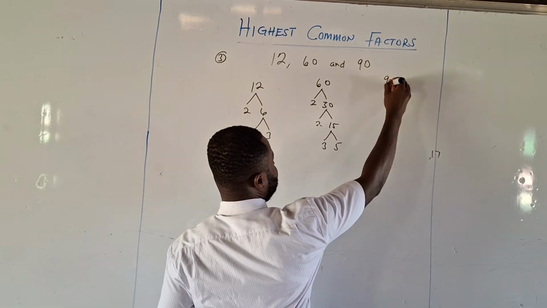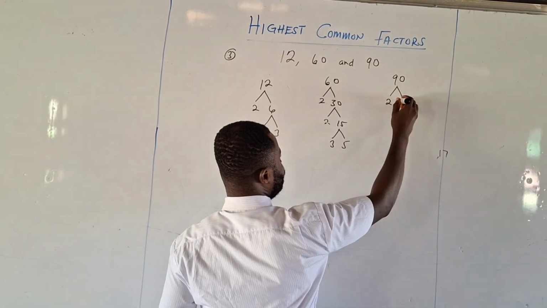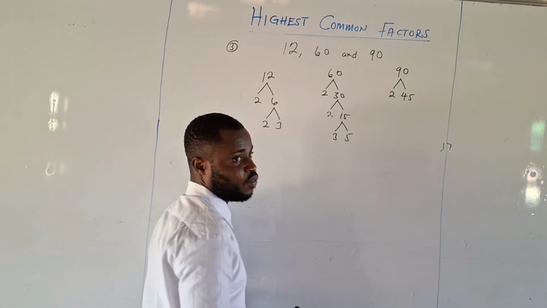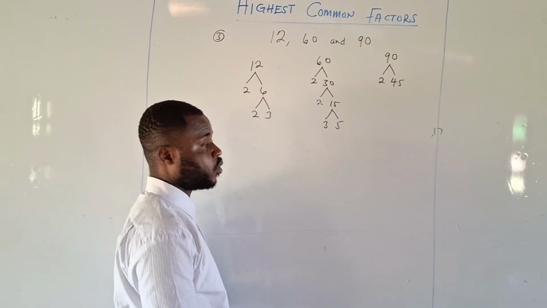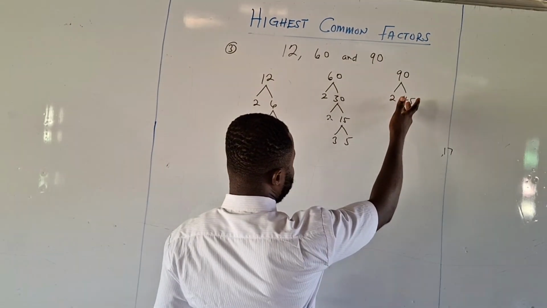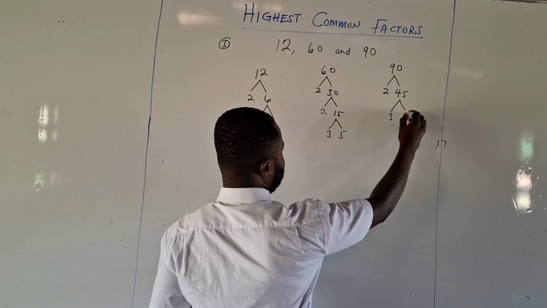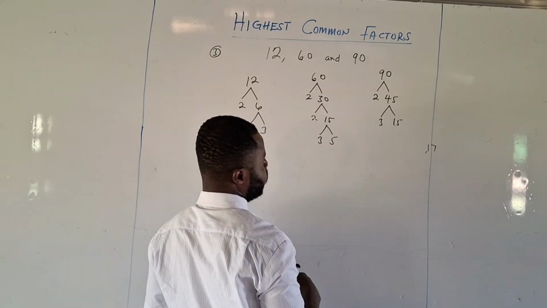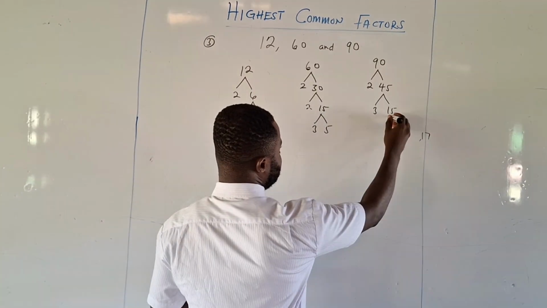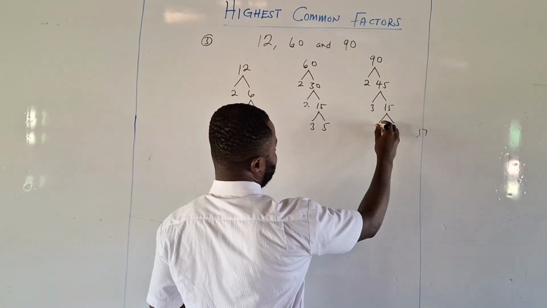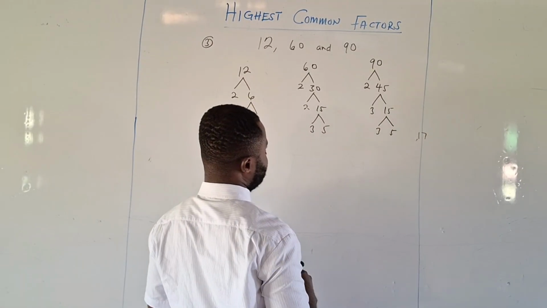Now 90. We have 2 and 45. So the next one, 2 cannot work, so we use 3 and 15. Yes, 3 and 15. Then we can have our 3 and 5.